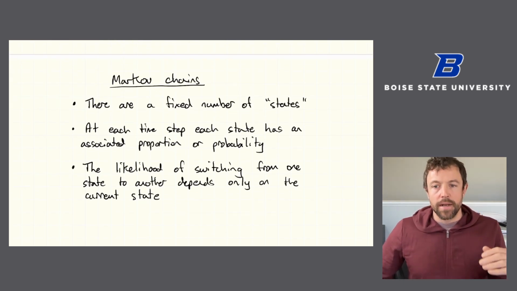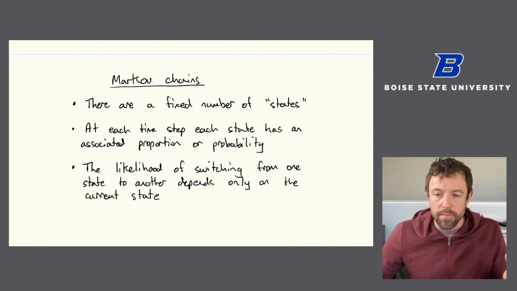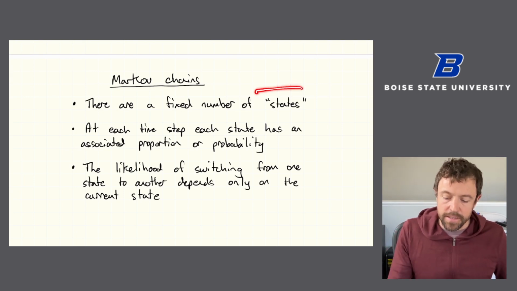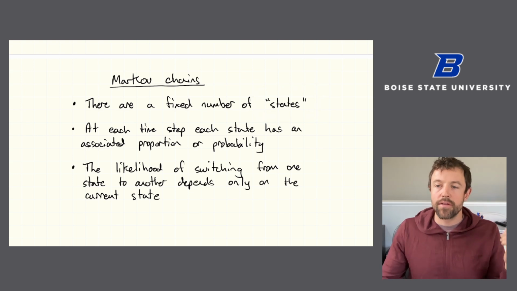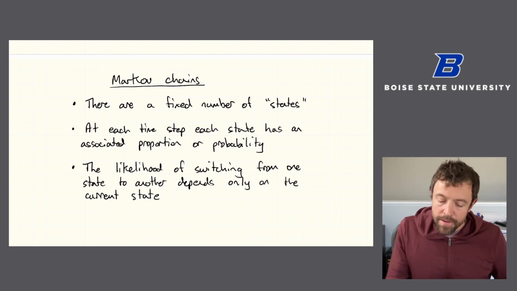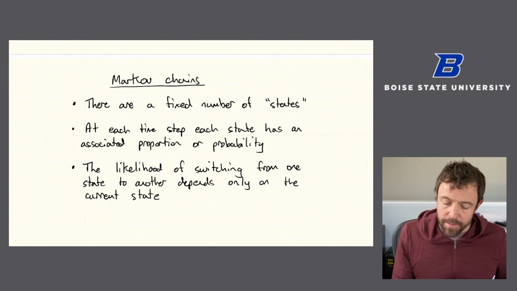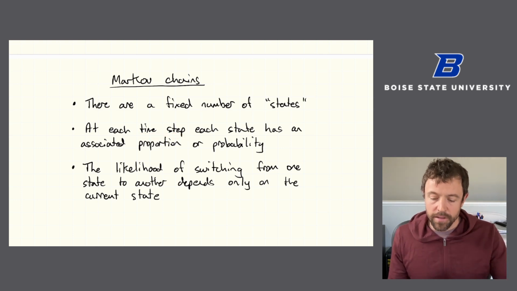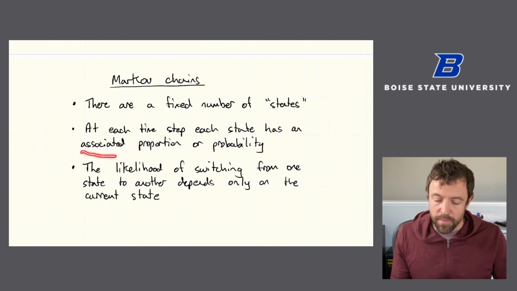A Markov chain, what's important about this problem is that we have a fixed number of states that we can be in. In this case, you either have ISP-A, ISP-B, or ISP-C. I didn't have the option of no internet. Maybe I should have done that because to me that's crazy, but I know that some people might want that. And at each time step, in our problem, each time step is a year, there is an associated proportion or probability for each state.